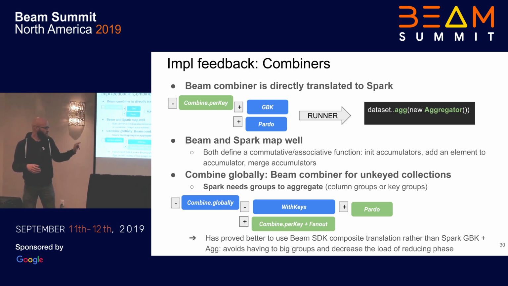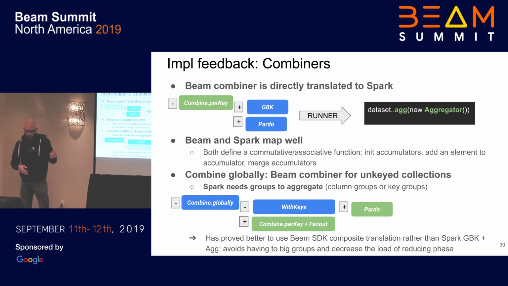But it has proved not that performant, and it was better to use the Beam SDK composite translation of what a combine globally is. And this composite translation is applying fake keys to the PCollection so that you have keys, and then calling the above translation, which is combine per key. And why is it better performance?